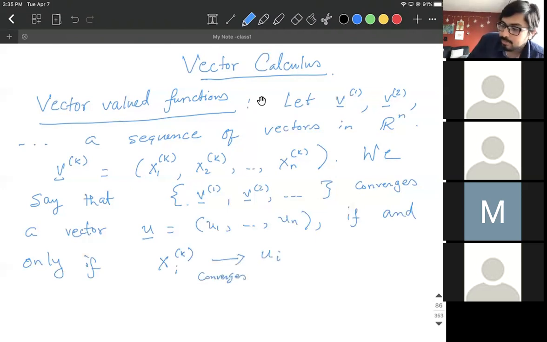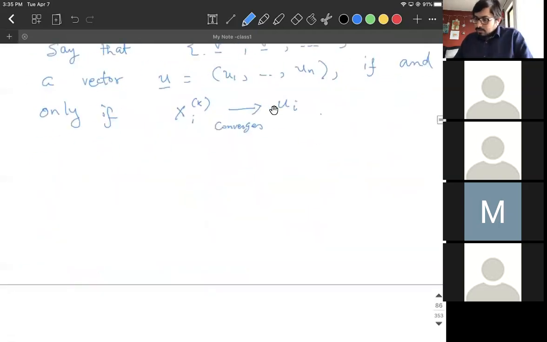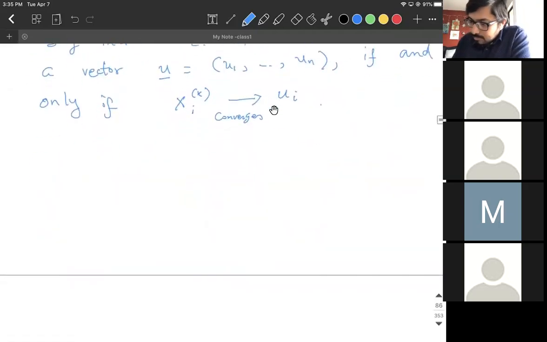So each component converges to the corresponding component of u. That's the definition of being convergent in the sense of a sequence of vectors. That's something which we need to get out of our way.